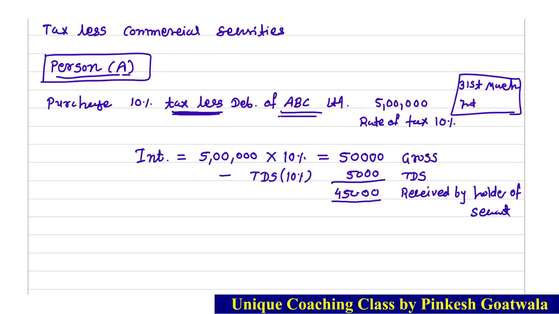Clear? So it's a very simple case, tax less, right? An institute or any private firm or company which issues a security deducts tax and then gives the amount to the holder of that security.